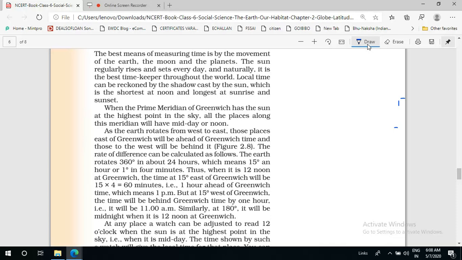Okay, the earth is moving, two types of movement are taking place. The earth is moving around the sun also, you know this. Earth is a planet, and I told you in the first chapter what planets are. Planets are those celestial bodies which keep moving around the sun. So Earth is also a planet, so Earth keeps moving around the sun. But another type of movement is also taking place.